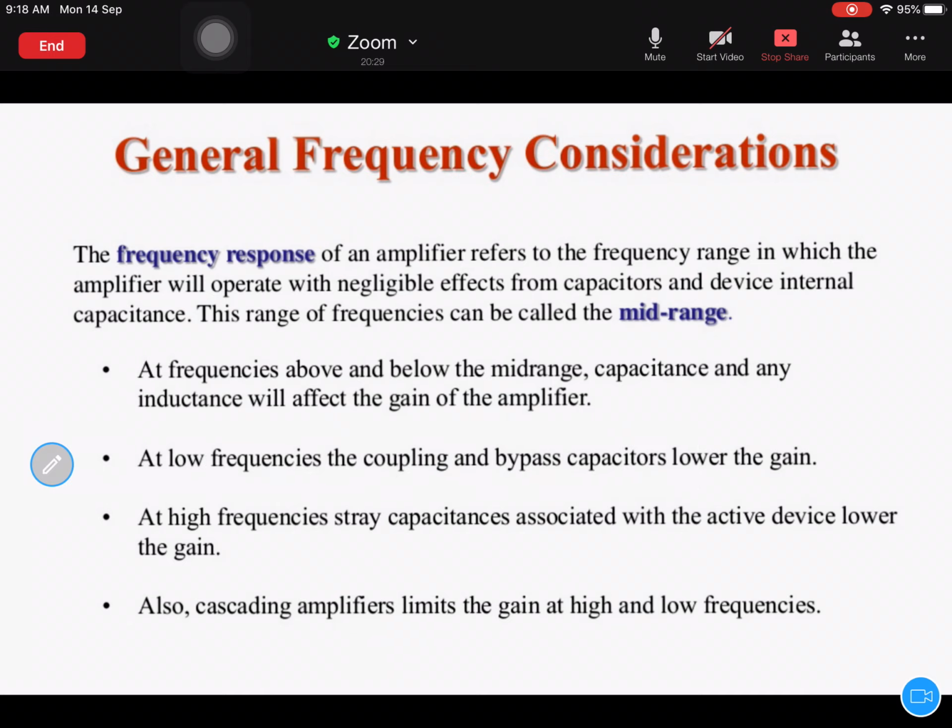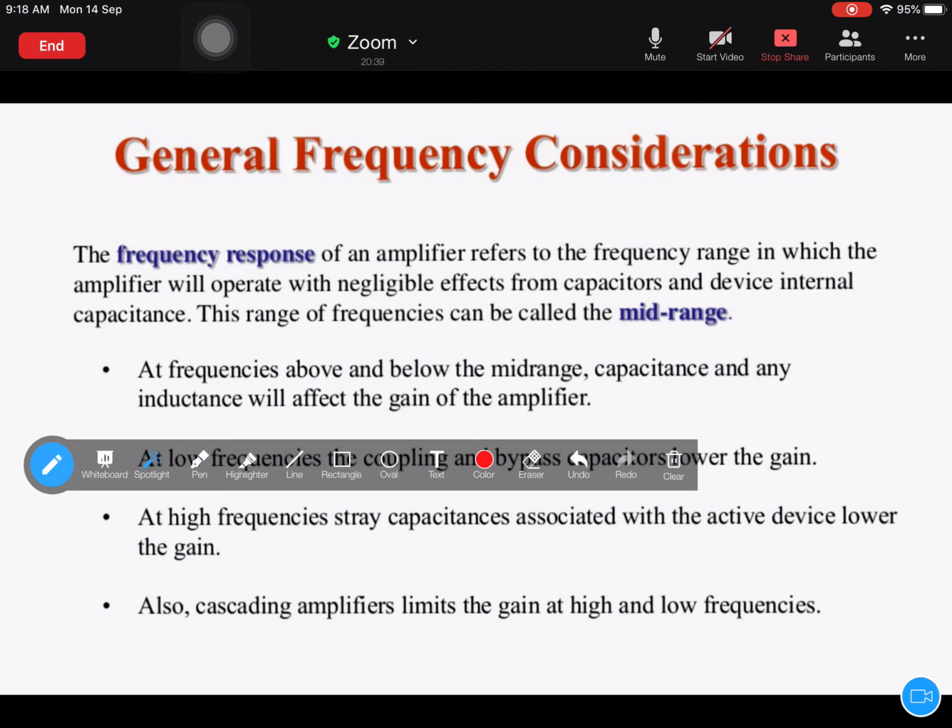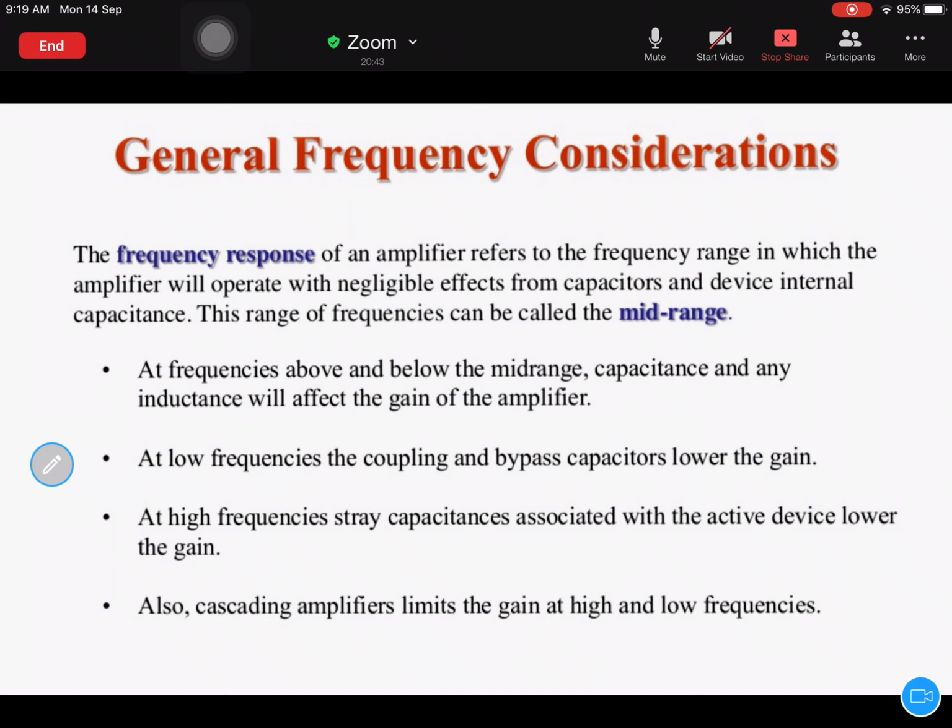But this gain is also affected by the bypass capacitors or coupling capacitors present in that system, at high and low frequencies. But here we will be dealing with only a single stage amplifier, so only one system will be there.